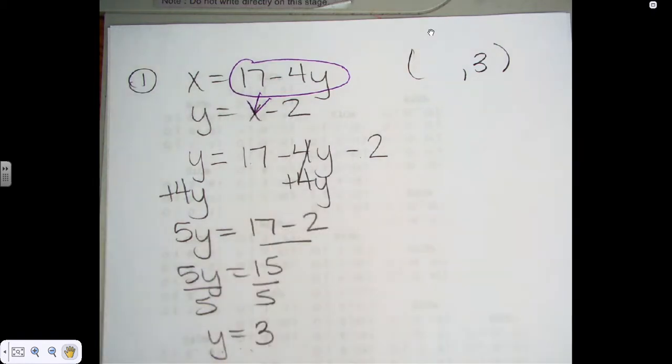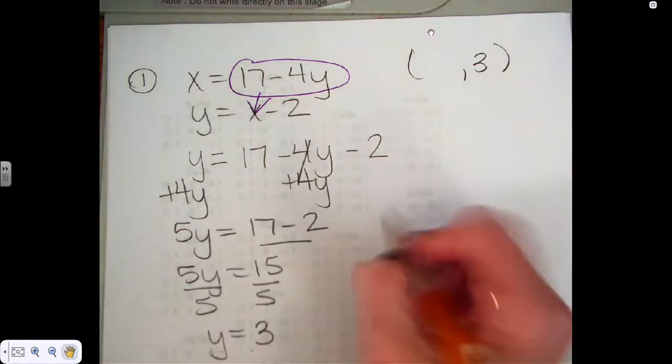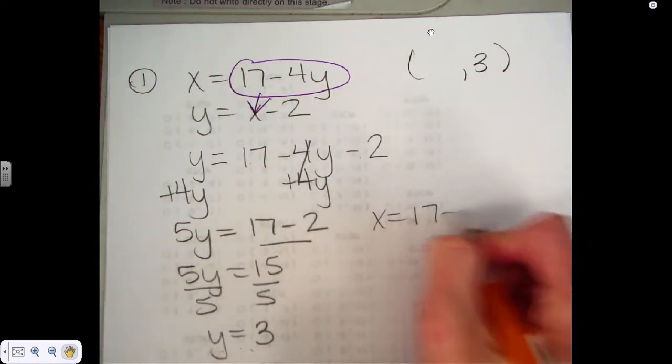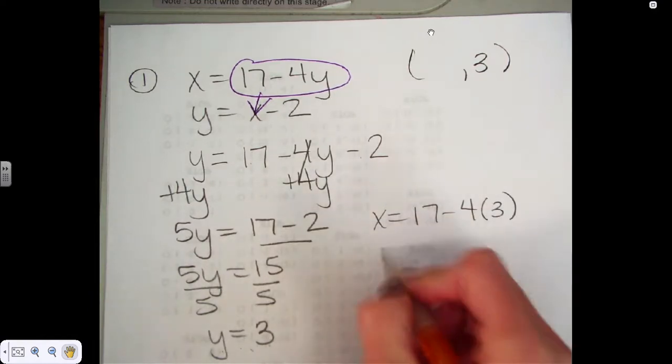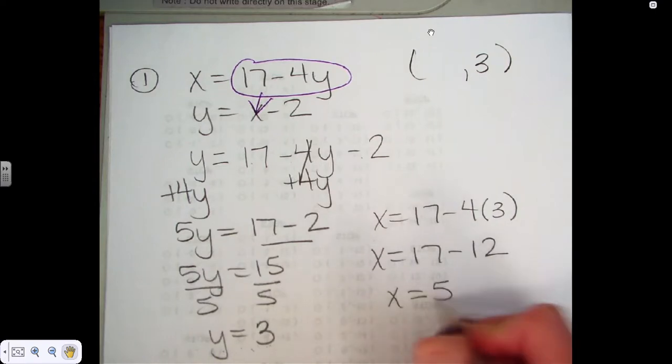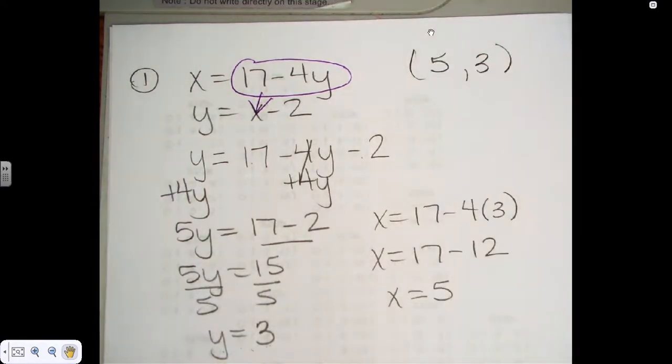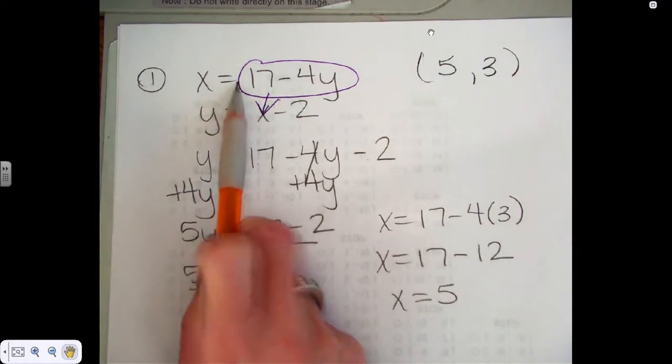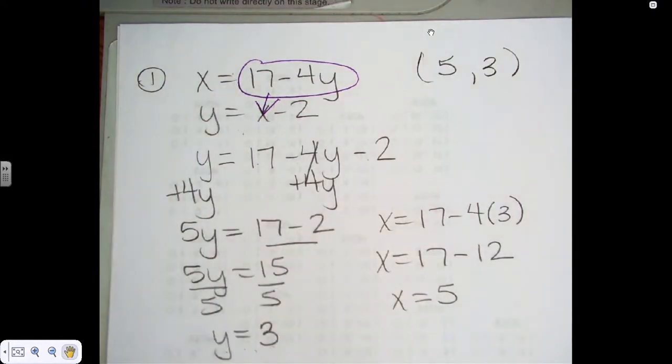You can plug it in either. I'm going to plug it in my first one, and this gives me x is equal to 17 minus 12, which is 5. So these 2 lines have a solution of (5, 3), which means that (5, 3) will work and make true statements for both equations.